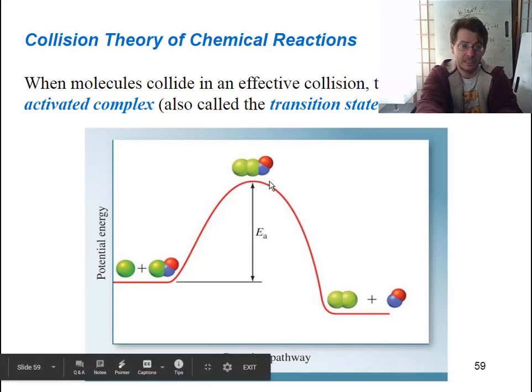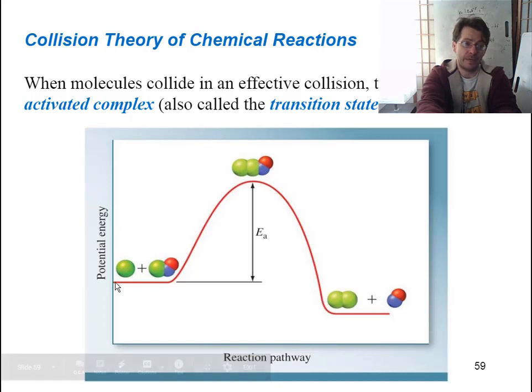But this is a transient species. So this reaction takes place, goes through the increase into activation energy, creates what we call an activated complex that is temporary, lasting microseconds, and then it collapses back down into our products and releases that energy back.